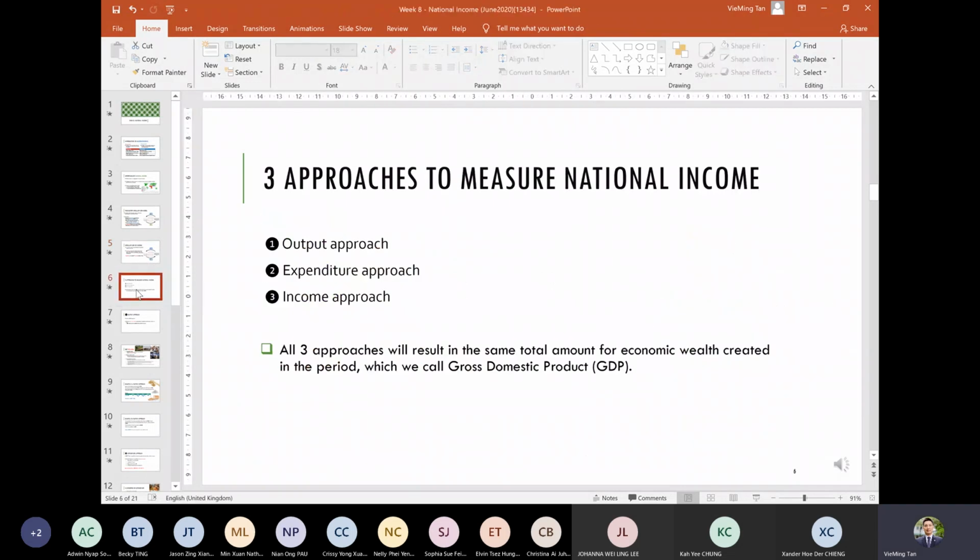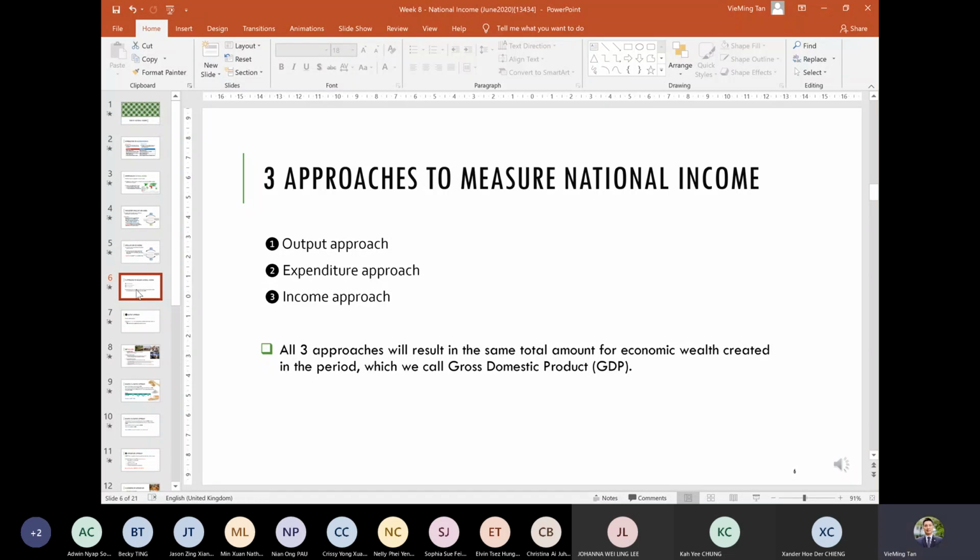Now, how to calculate the national income of a country. There are three approaches that we can use: the output approach, the expenditure approach, or the income approach.